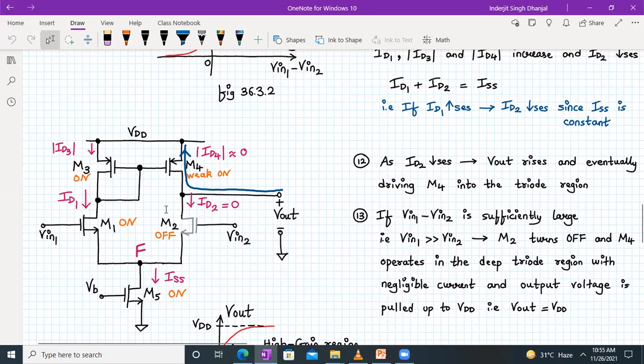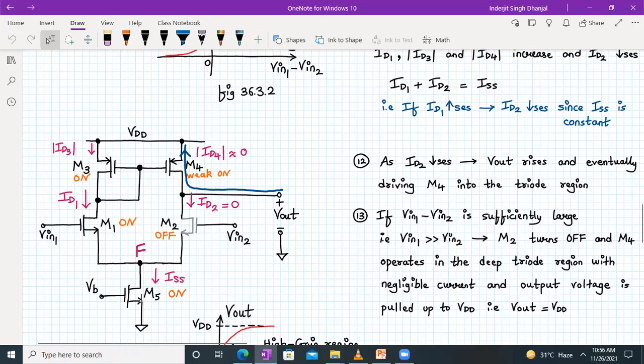So now M2 is off, so ID2 will be 0, but your M5 was on, right? Whenever Vin1 is very much greater than Vin2, M2 will be off, but that will drive M4 to operate in the deep triode region with almost a negligible current.